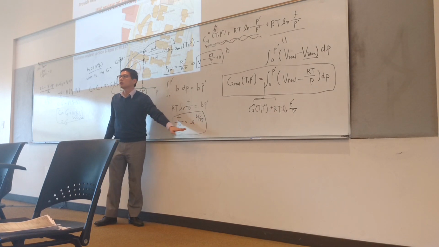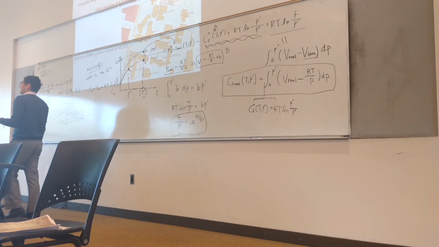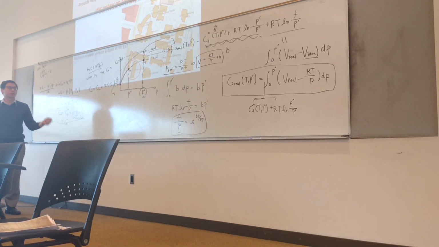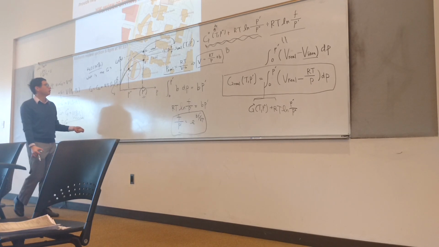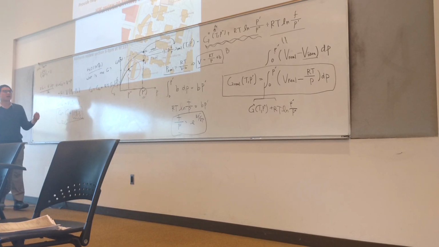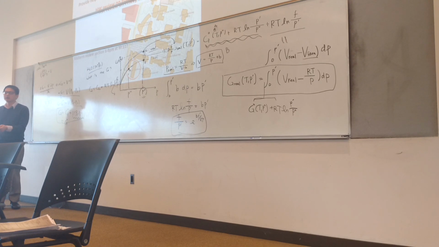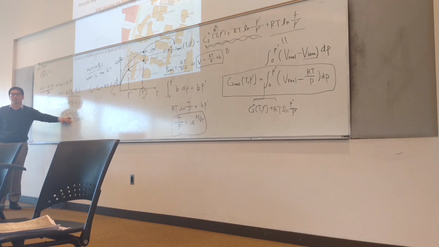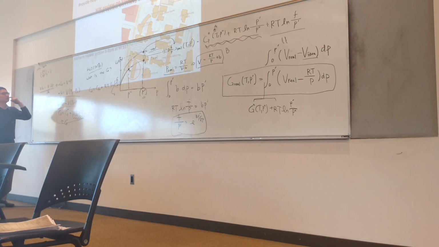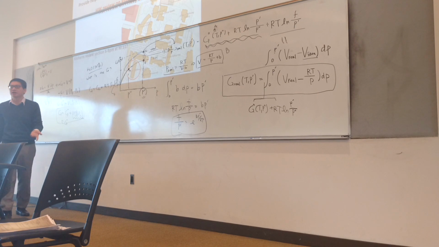So to calculate the correct G under different pressure, the first thing you need to know is whether it is gas, liquid or solid. If it's liquid or solid, then just check out the G naught. If it is a gas, you need to know if it's ideal gas or non-ideal gas.